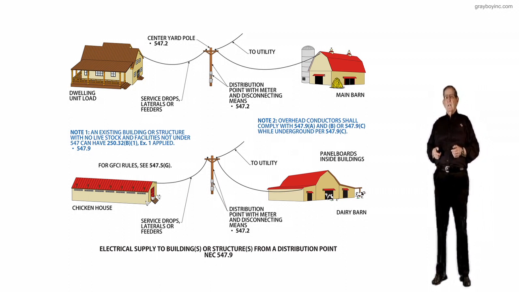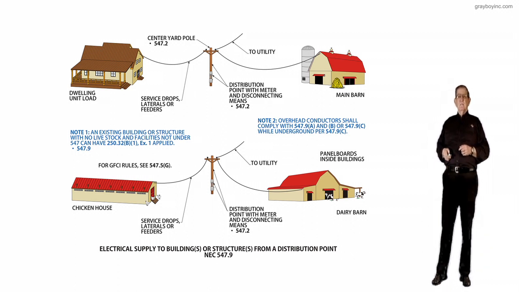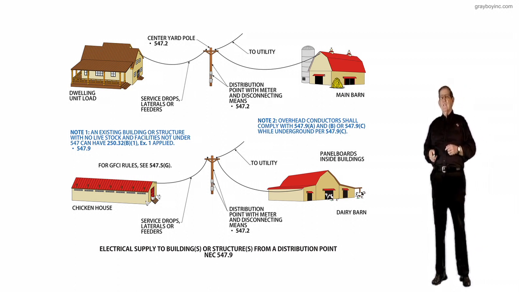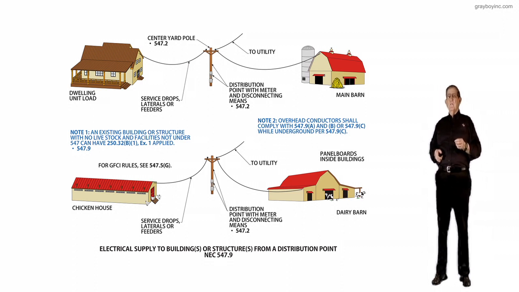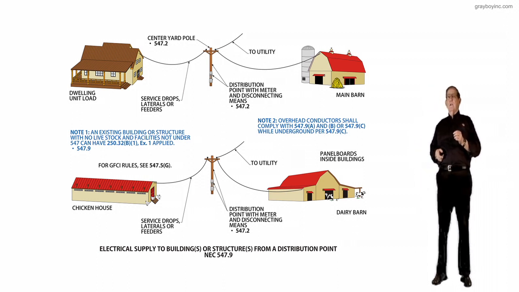And then just dropping down and reviewing lines 1, 2, 3, 4, it says the verbiage also clarifies that for existing, now note that, existing agricultural buildings and structures for other than livestock, such as for grain handling, pottery, fish containment systems, for other existing buildings or structures other than those covered under the scope of 547, such as a house or machine shed on the premises, may be supplied in accordance with 250.32(B)(1), exception 1, permitting a 3-wire distribution.